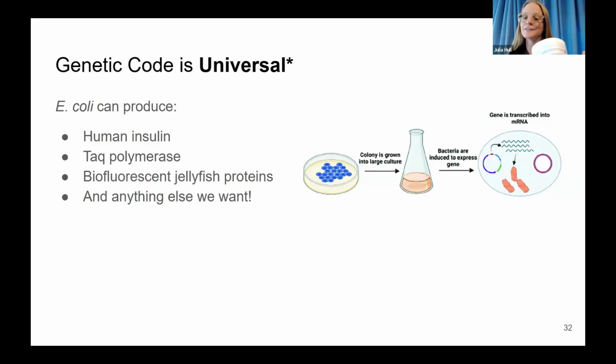And it's because everybody uses the same secret code. So this means that we can use E. coli bacteria that are given the plasmids that have human insulin, Taq polymerase, jellyfish proteins that are going to make them glow in the dark, or any other gene that we are interested in having producing that protein. So any proteins that we want harvested, we can get E. coli to make that.